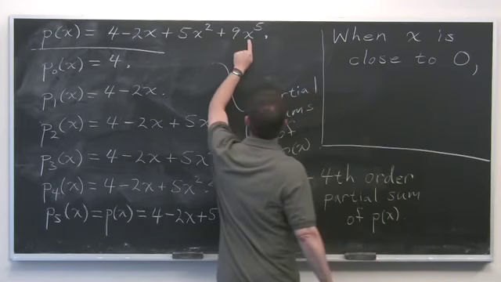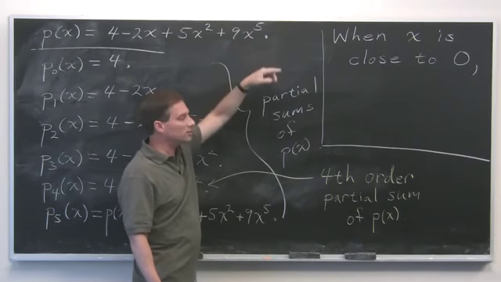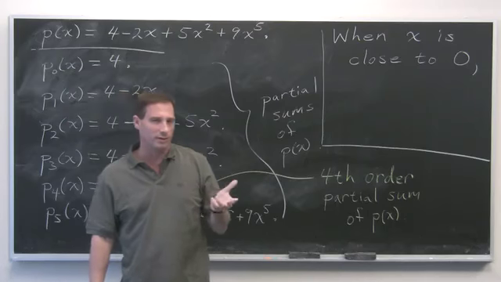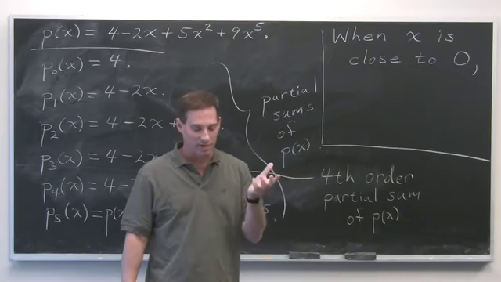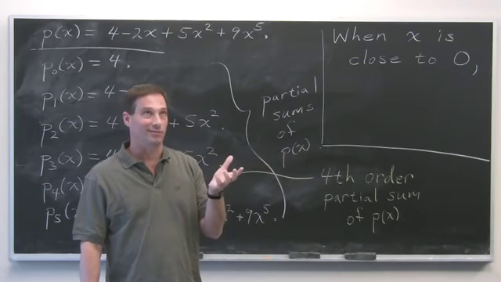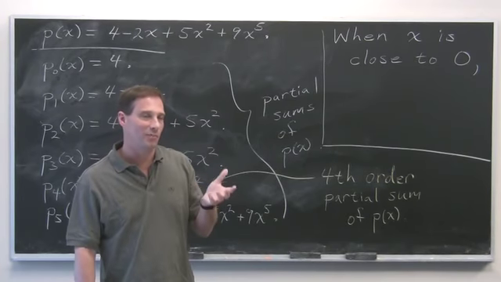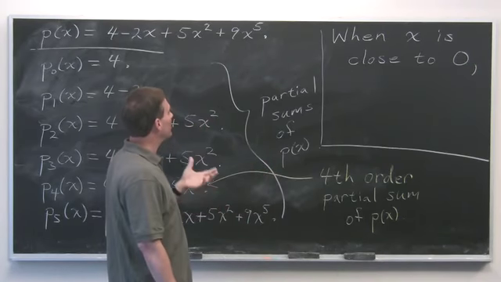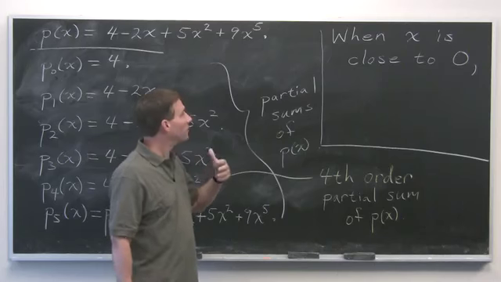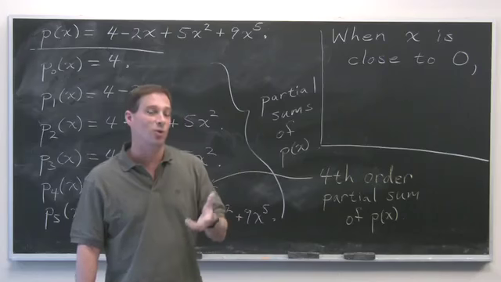What's true is that when x is close to 0, say 0.001, when you raise something that has absolute value smaller than 1 to a higher power, its absolute value gets smaller. Think if x is 0.1, x squared is 0.01.